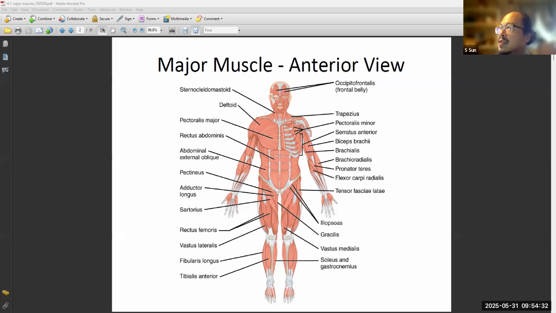In the head, we will look into more detail on the facial muscles, but the primary one on top of your skull is the occipitofrontalis. This one has two bellies. It has the frontal belly, the meat portion, the muscle portion, and then you have the tendon.